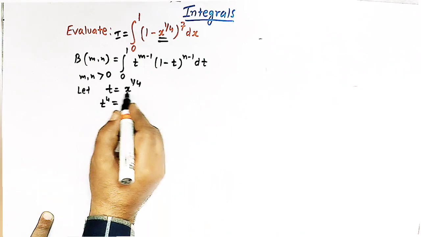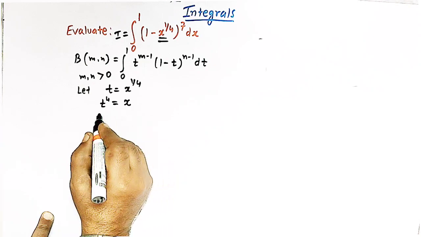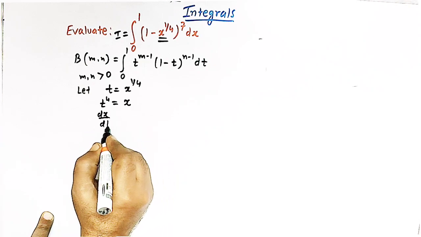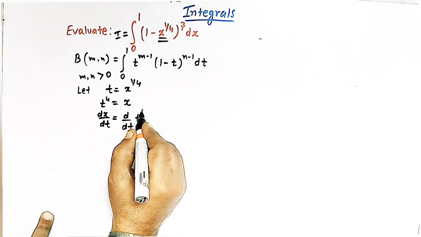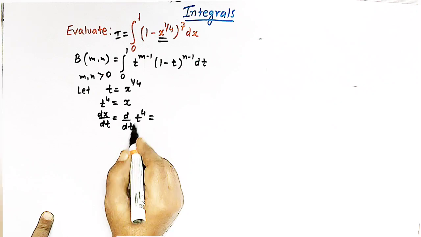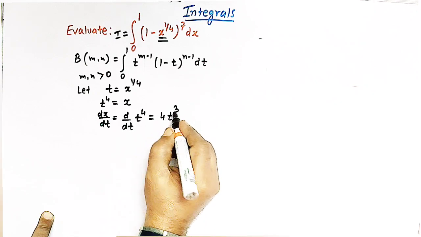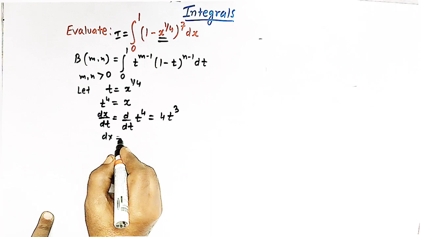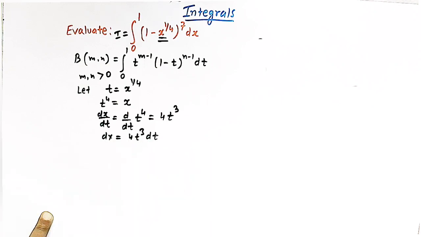Okay, now if we differentiate both sides with respect to t, then dx/dt is given by d/dt of t^4, and the derivative of t^4 with respect to t is 4t^3, and dx is now equal to 4t^3 dt, right?